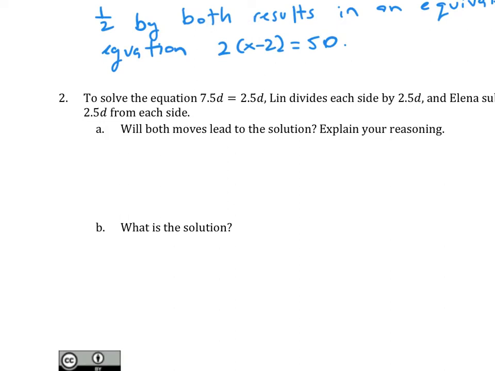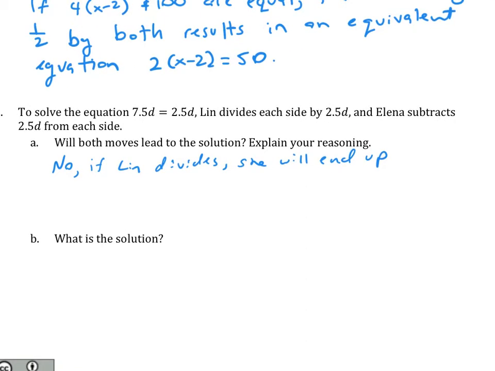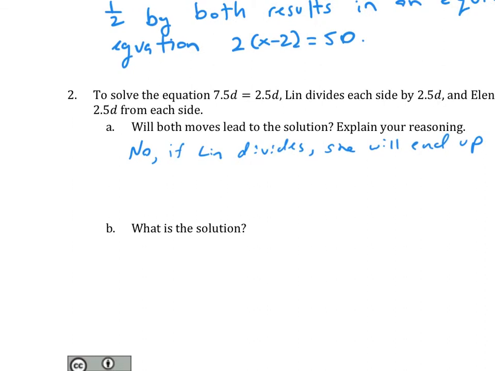So in this case, no, because if Lynn divides, she will end up with 3 equals 1. Now, 3 equals 1 is not a true statement.